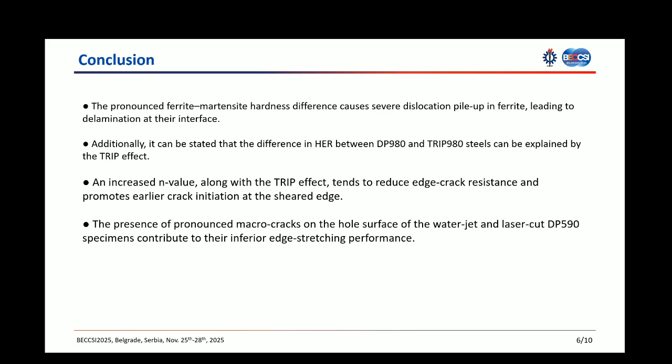Additionally, the difference in HER between DP 980 and TRIP 980 steel can be explained by the TRIP effect, a mechanism that TRIP has and DP doesn't have. The increased M value along with the TRIP effect tends to reduce edge crack resistance and promote earlier crack initiation at the shear edge.